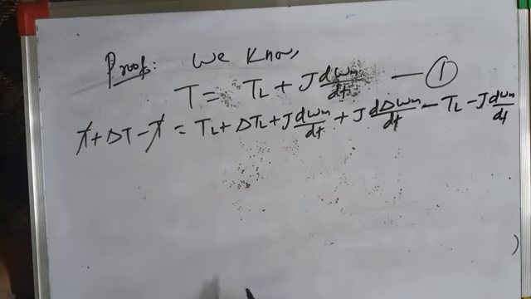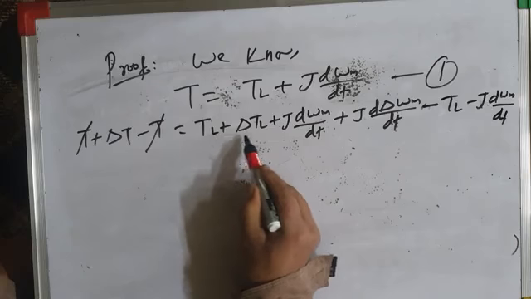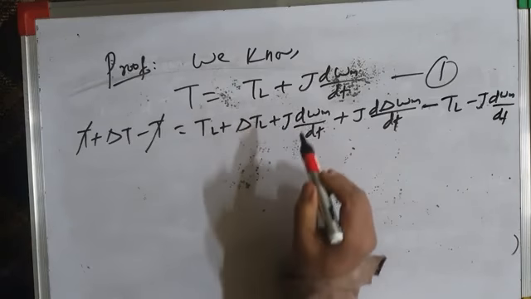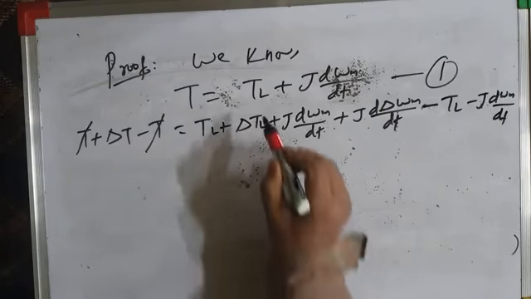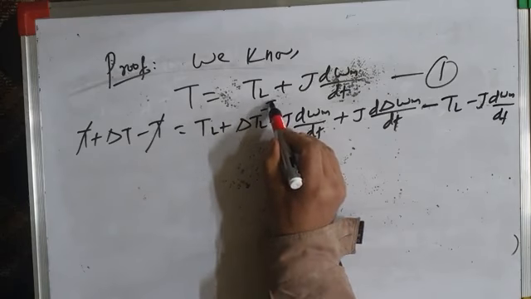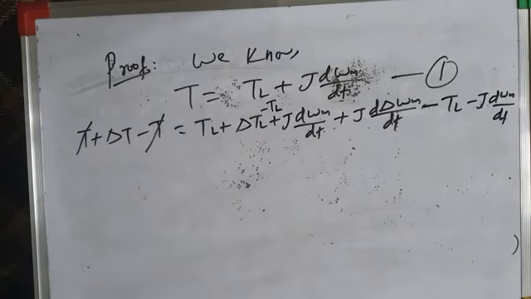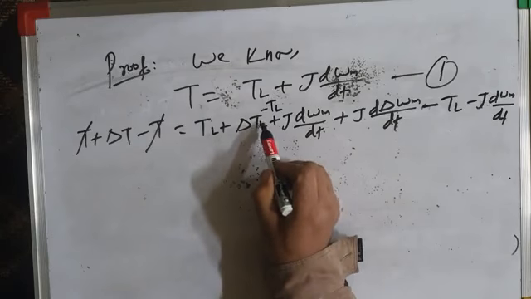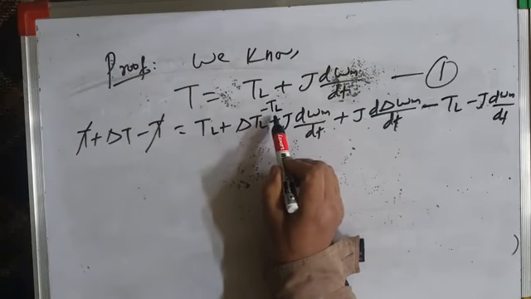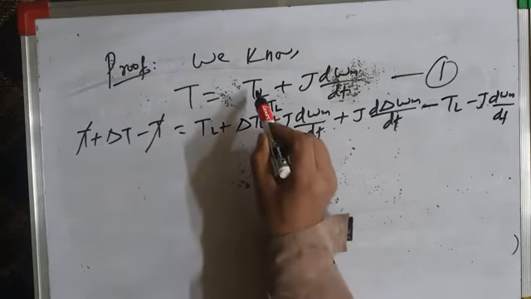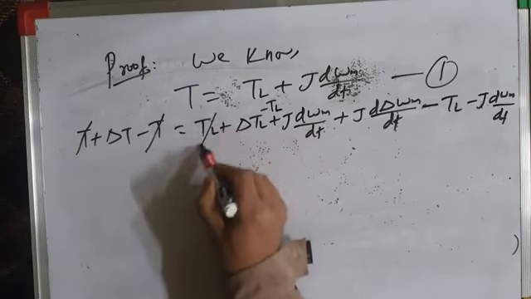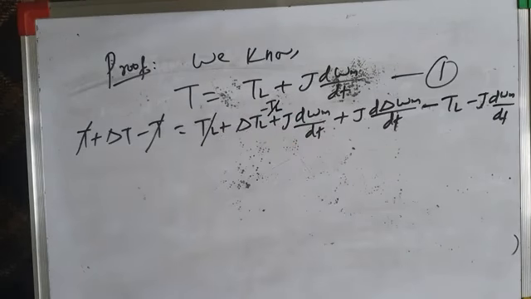T minus T adds up to 0. I'm sorry, I forgot, it is TL minus TL, because this TL will subtract here. TL minus TL will add up to 0.